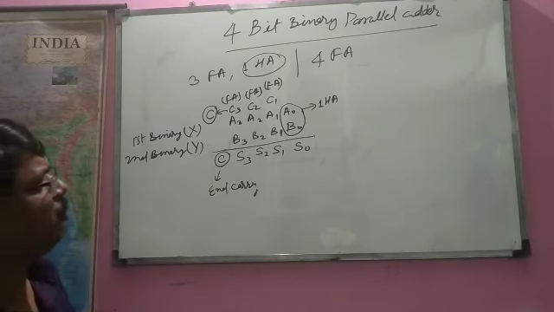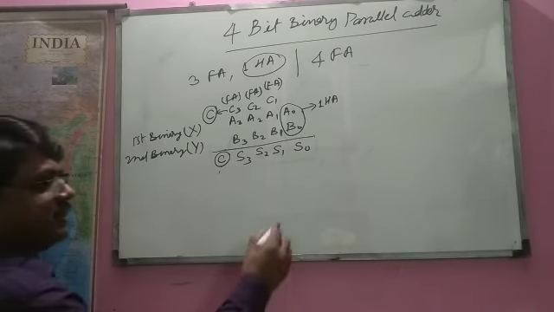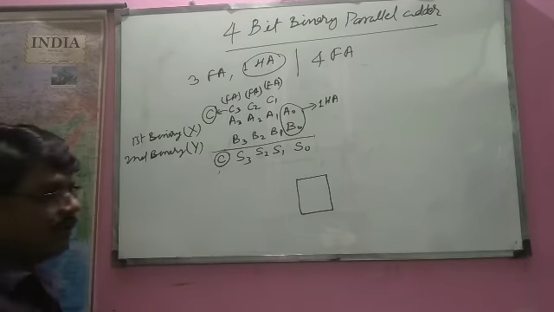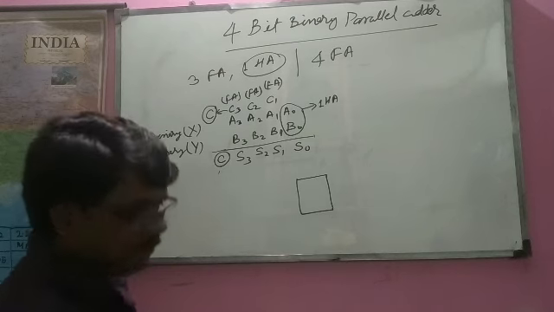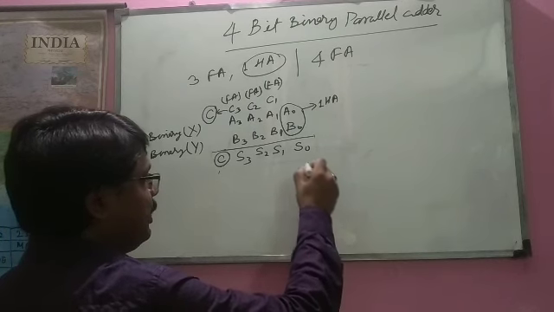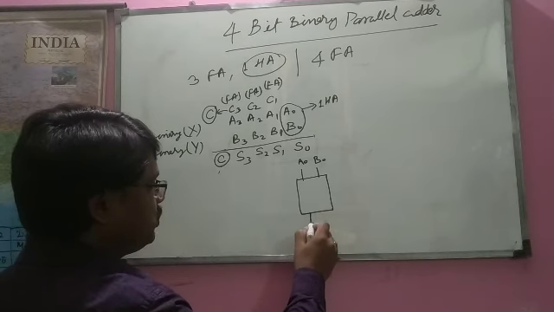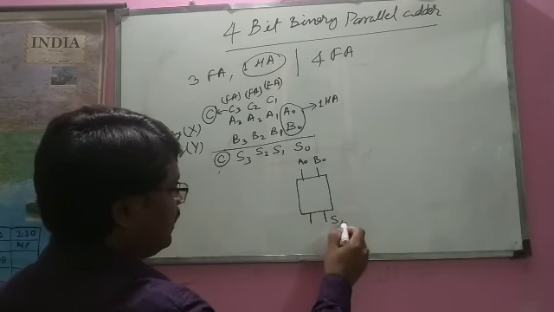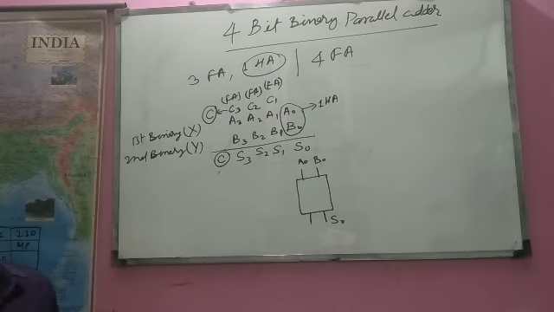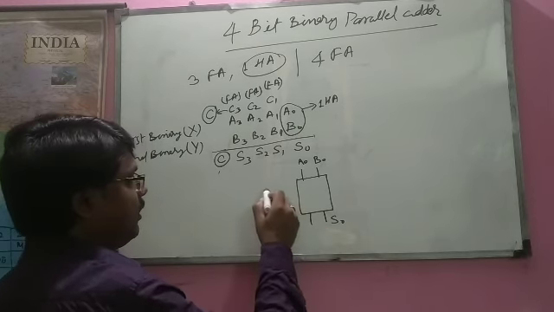How will the circuit diagram look like? See, here it is the first adder. It will have two inputs, let us suppose A0 and B0, and it will give two outputs: the sum S0 and the carry C1.